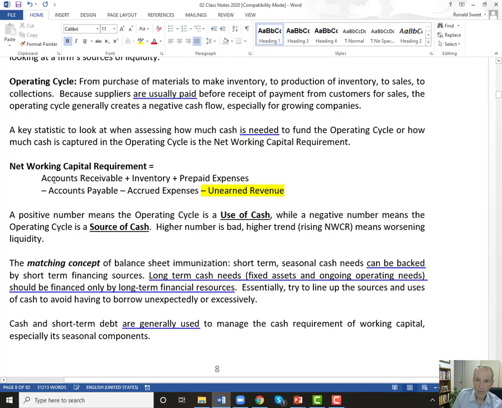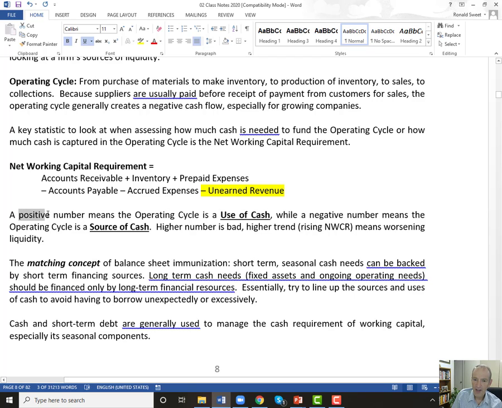But this number, we take accounts receivable plus inventory plus prepaids minus the payables minus the accrued expenses minus unearned revenue. And if this is a positive number, then their operating cycle is a use of cash. And that is negative for liquidity.